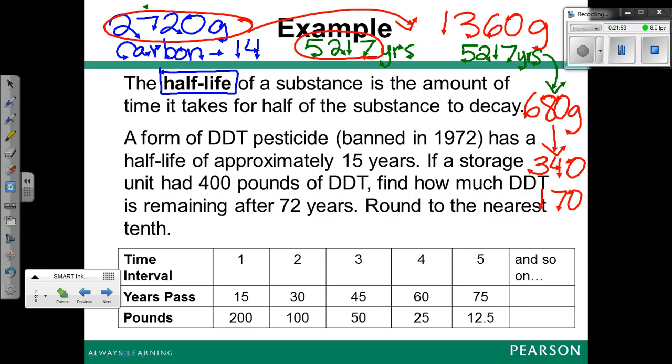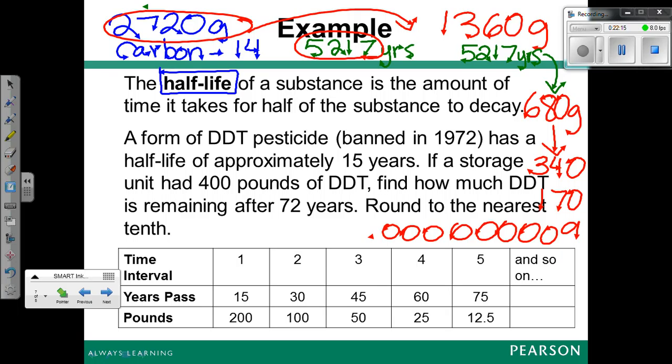It will never be zero. It will get to like 0.000000009. That's why they're able to calculate the age of such old artifacts or fossils or bones or whatever they are.